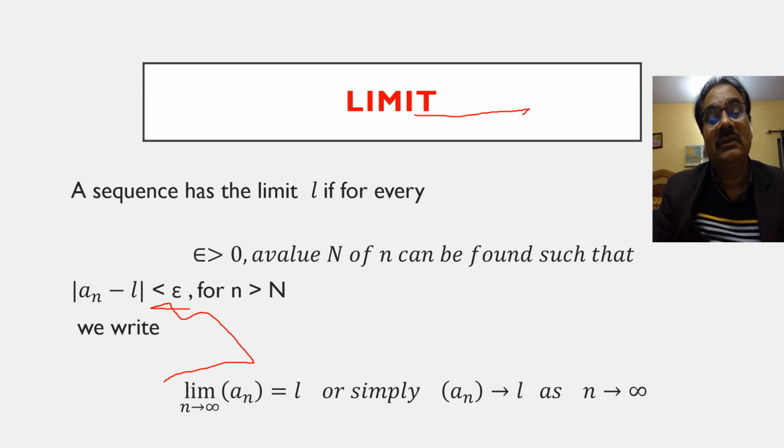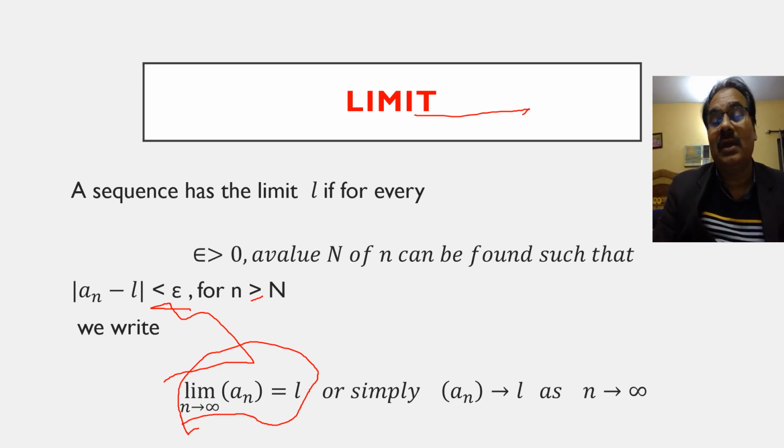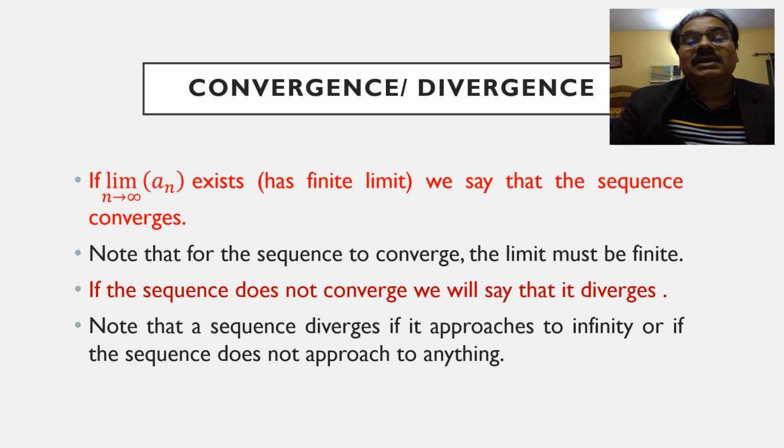Mind it, this should be very small. For every n greater than or equal to capital N, then we may write limit n tends to infinity, an is equal to L. Or simply we can write an tends to L as n tends to infinity. So this is about the limit.